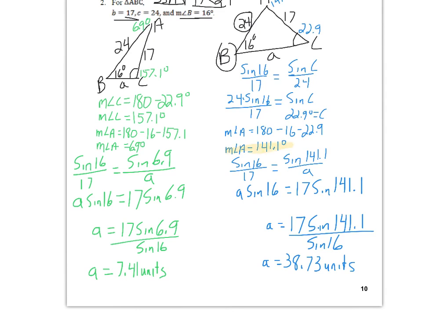Measure of angle A is 141, side A 38.73, angle C is 22.9, and that's for the smaller angle C. For the larger angle C, C comes out to be 157.1. Then A comes out to be 6.9 degrees. It's relatively small. And then side A comes out to be 7.41 units.